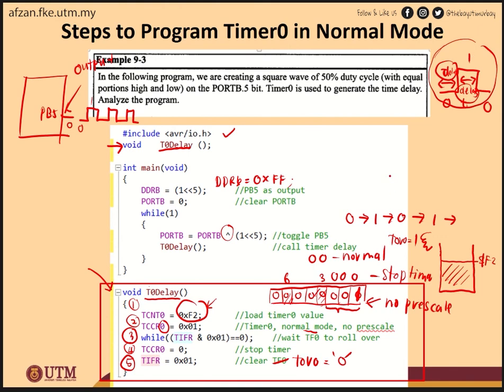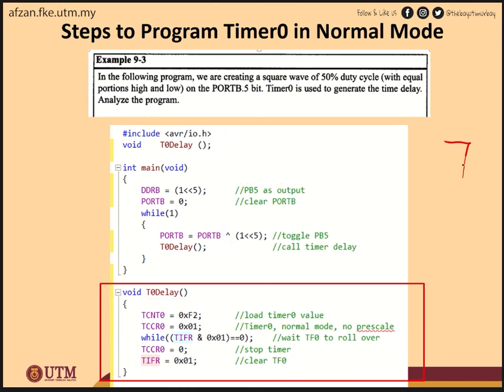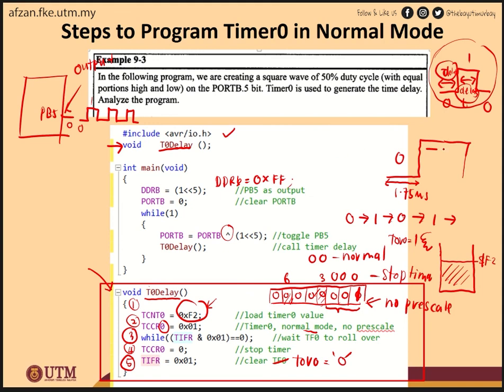It means that for this 0, the time that you generate for this signal is 1.75 microseconds, and then another 1.75 microseconds for 1, and it will keep repeating.